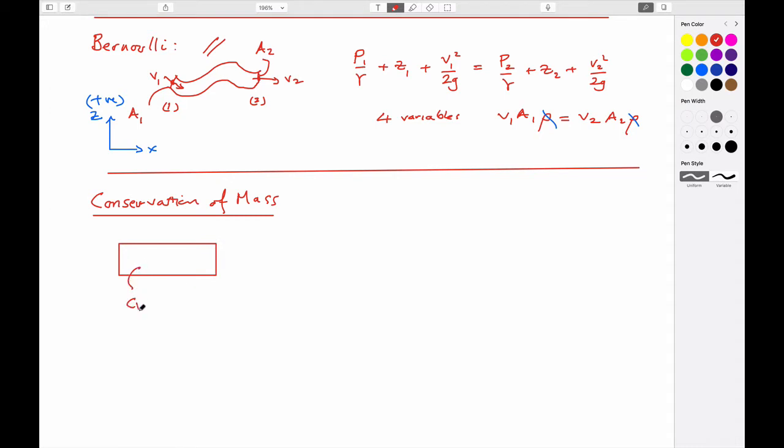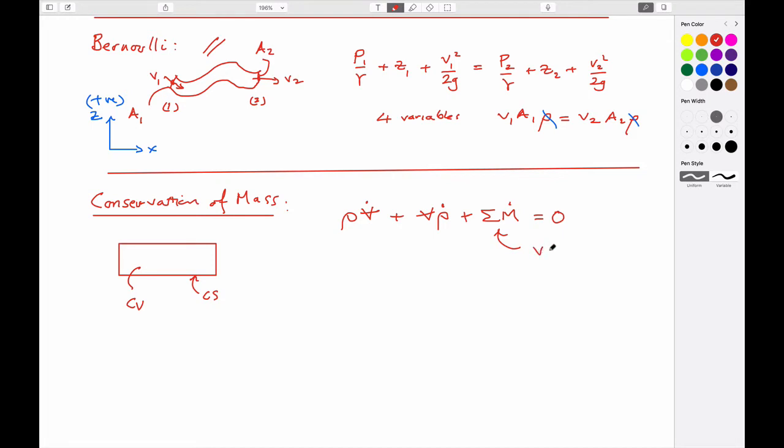So some control volume, a control surface around that control volume, and the conservation equation is just the density multiplied by rate of change of volume, plus the volume times a rate of change of density, plus the sum of the mass flow rates, uppercase M or lowercase m, we've used both, and those should sum to 0.